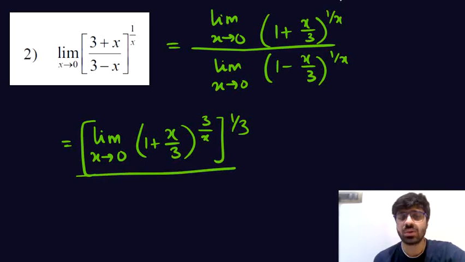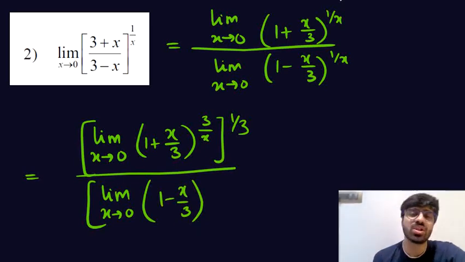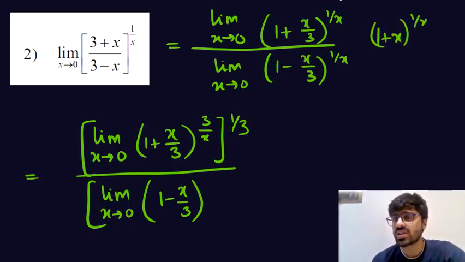In a similar way, try to rearrange the denominator. So the denominator will be limit of x tends to 0. See, it is 1 minus x upon 3, right? So the power should be not 3 upon x, but minus of 3 upon x, because if you realize the result was 1 plus x power 1 upon x. Whatever comes after plus is your variable.